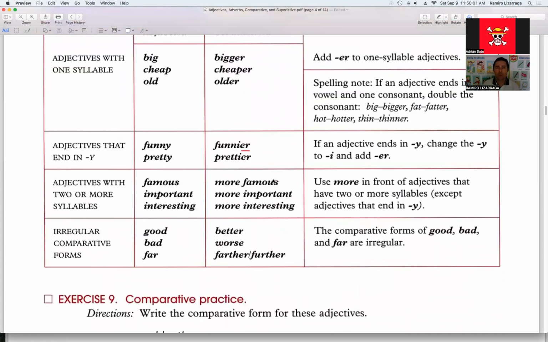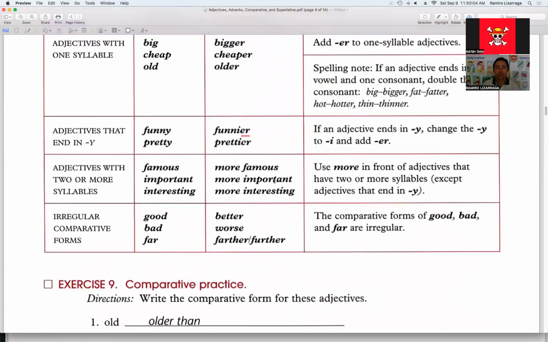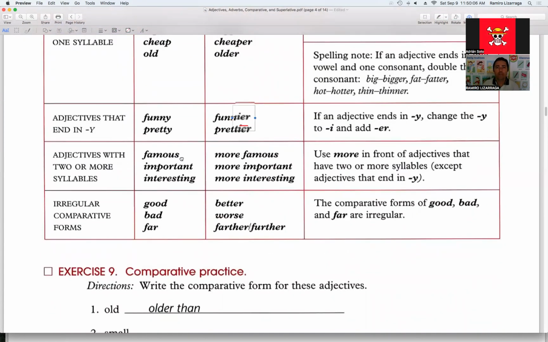Continuamos con los otros adjetivos. So then we have here famous. Ahora aquí vamos a tomar en cuenta las sílabas. Cuando los adjetivos, when the adjectives have more than two syllables, except adjectives that end in Y, o sea, excepto los que terminan con Y, porque aquí es funny, pretty, si son dos sílabas.